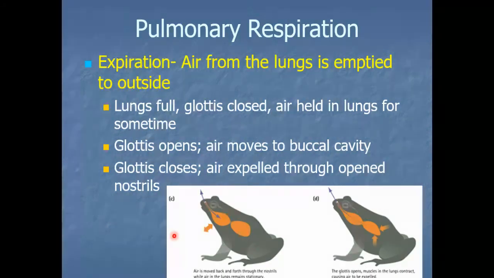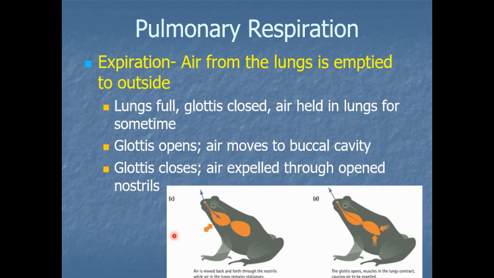Once the lung is filled with air, it has to go out. That is by the process of expiration. Lung is full, glottis is kept closed, air is held in the lung for some time for the process of diffusion to take place. So after that, glottis slowly opens. Now the air from the lungs moves into the buccal cavity.